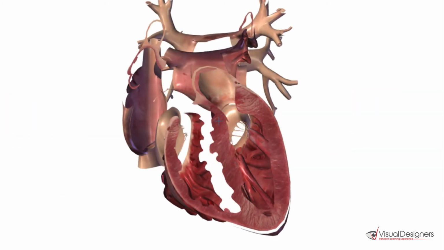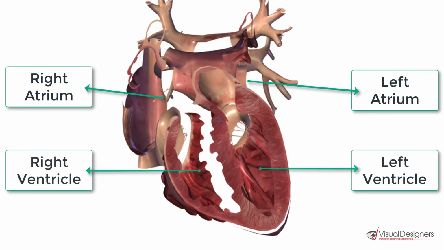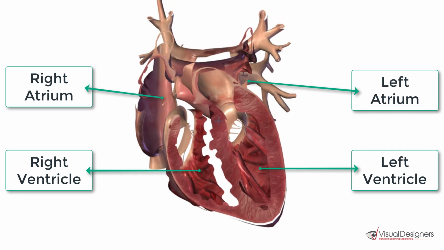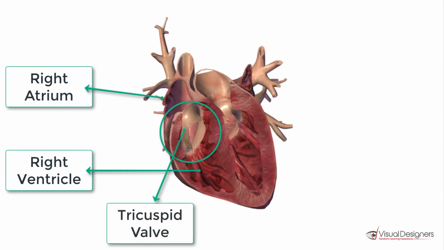To better view the position of the valves, let's take an exploded view of the four chambers. Here we can see the right and left atria, along with the ventricles. This is the position of the tricuspid valve. It lies between the right atrium and the right ventricle.